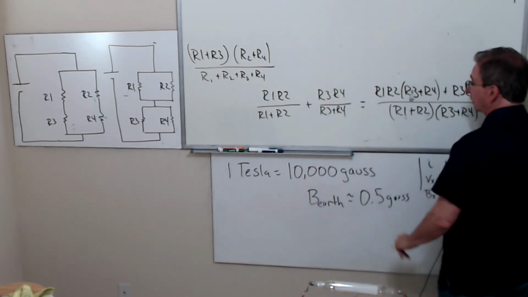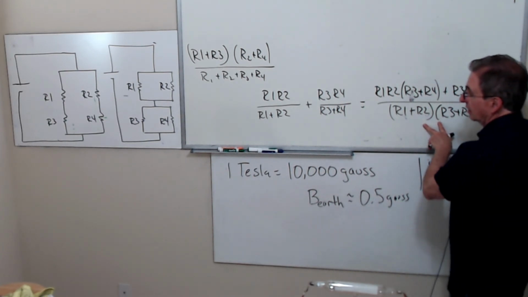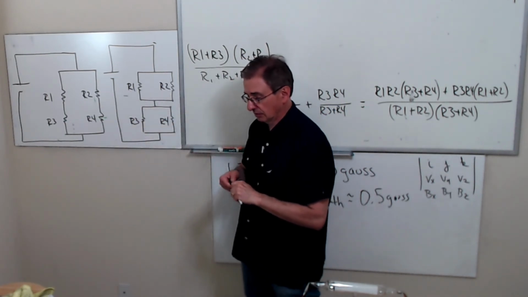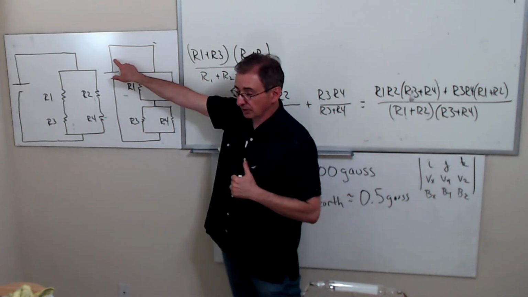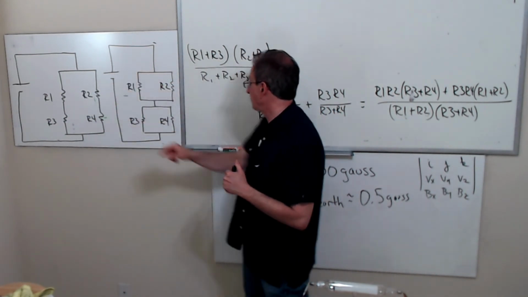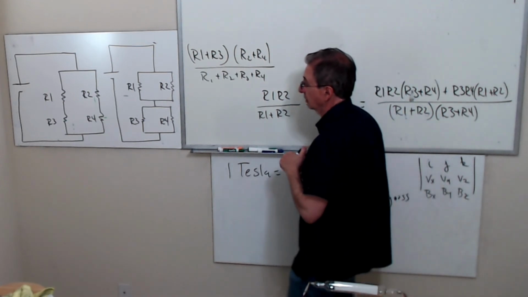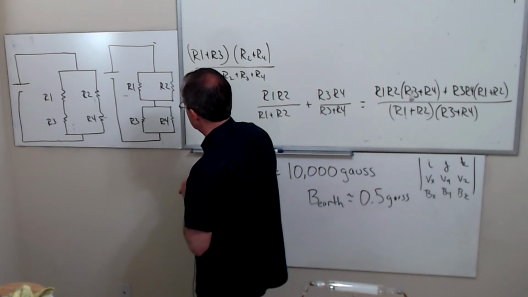So I have to compare this to that. If this one is smaller, then you would have more current going in this one, right? Yes. Did you have more current here? Yes. Was this a bigger current? Yes. Okay, so that means this is smaller.